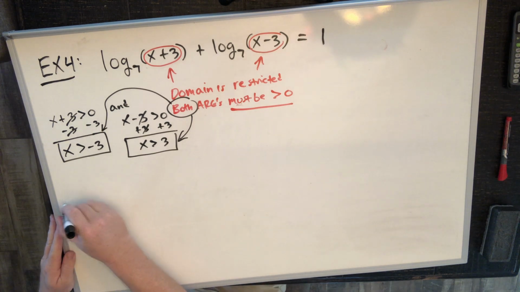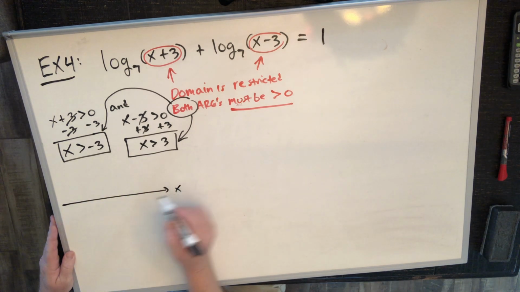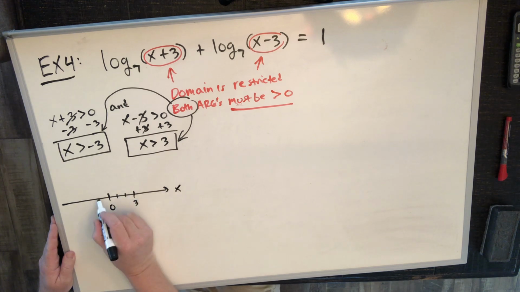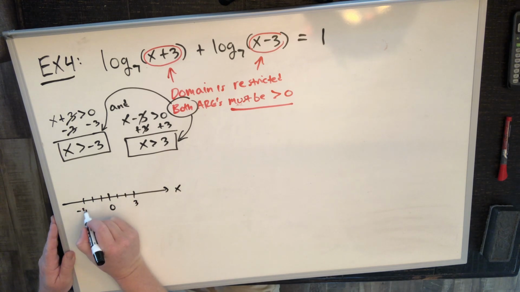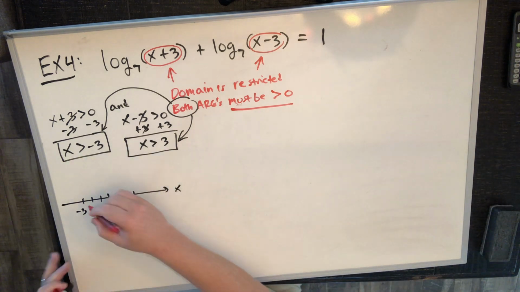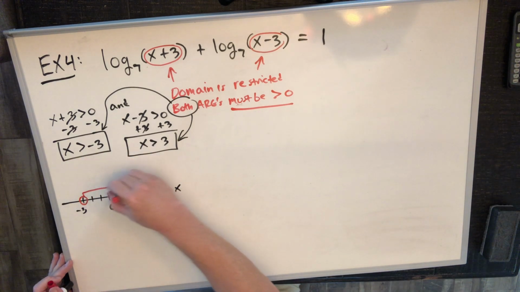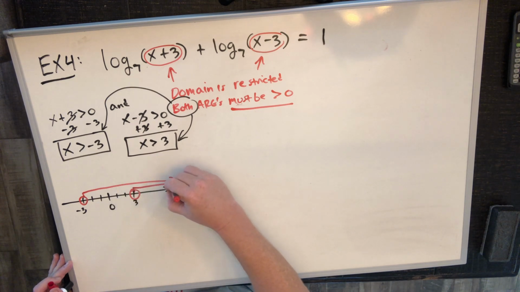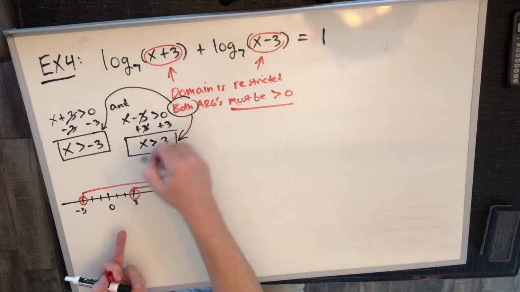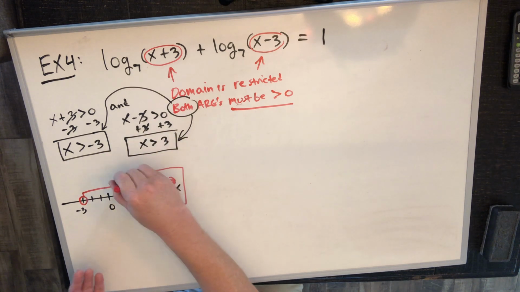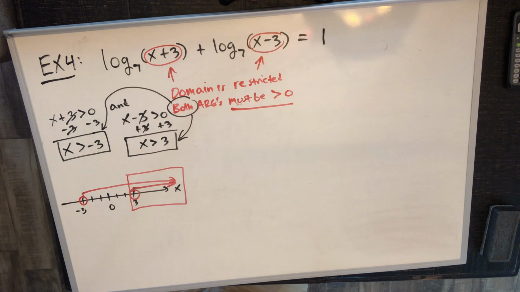So if you look at a number line, or simply just look at the x-axis, you've got 3, and over here negative 3. In order for both of these to be true at the same time, it must be greater than 3.